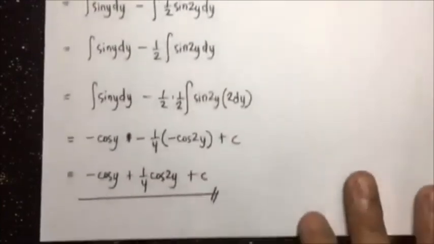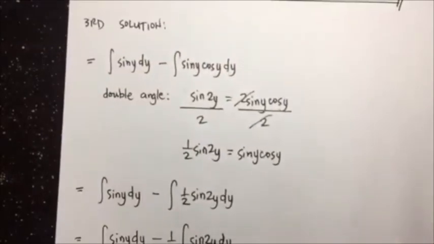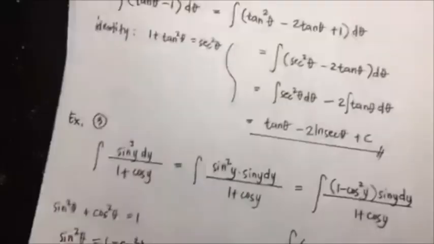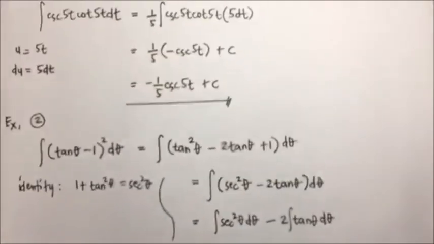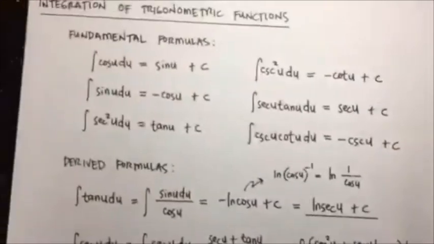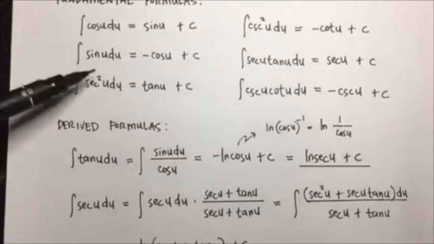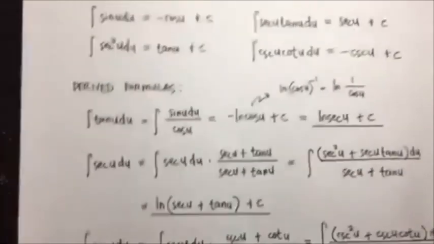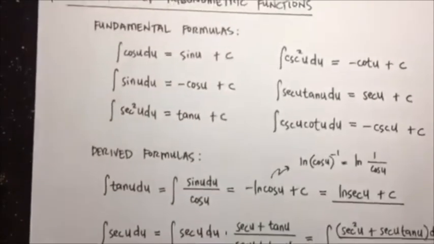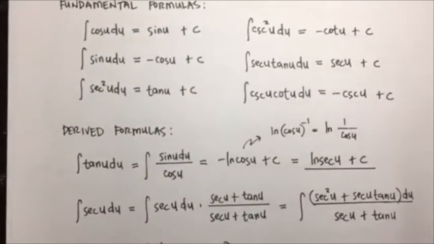Okay, so basically, to sum it up, for the integrals of trigonometric functions, aside from memorizing the fundamental and the derived formulas for integration, you also have to recall the trigonometric identities, the different trigonometric identities from your trigonometry.